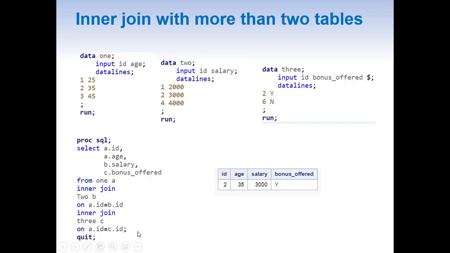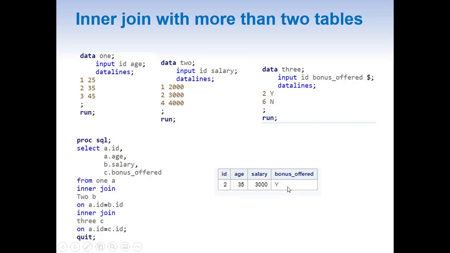And then we are writing inner join after this first join, and we are telling 3C, and then we are writing on A.id equal to C.id. So once this inner join we have written, we write the keyword inner join and then our third data set name, and then we say A.id is equal to C.id, and we are getting our result in here.